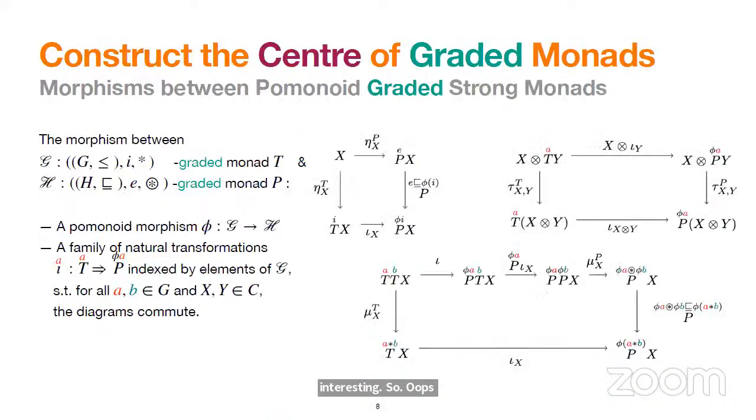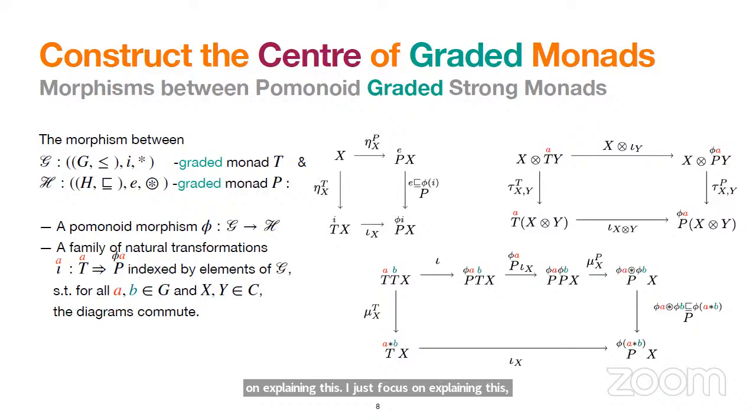So to define the morphism, we need to define three kinds of morphism: one is the eta, one is the mu, and the other one is the strength tau. But we can just ignore the others and I'll focus on explaining this little diagram here.